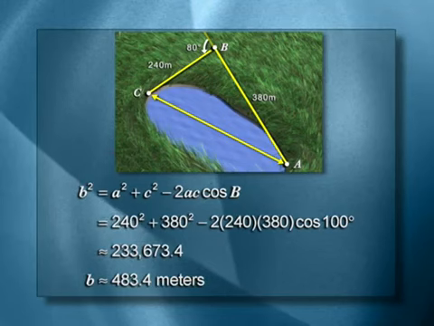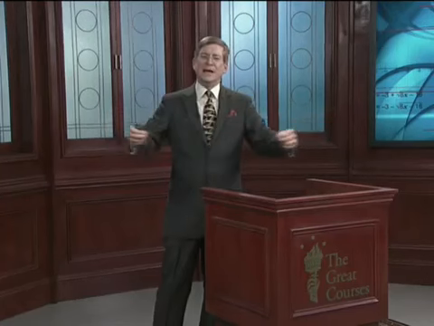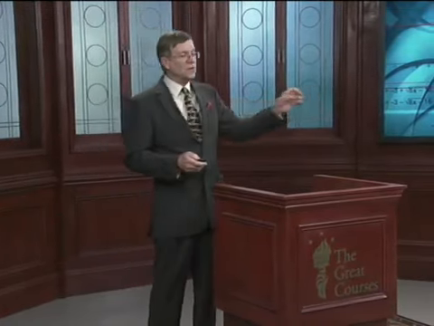So I figured out how far it is across this swamp without having to get my clothes dirty, by this little trick of walking around it and making sure I measure the angle that I turn halfway during my walk. Okay, good. That was, I thought, another interesting application of the law of cosines.